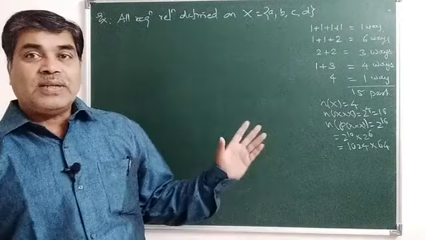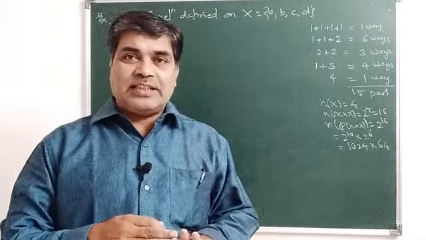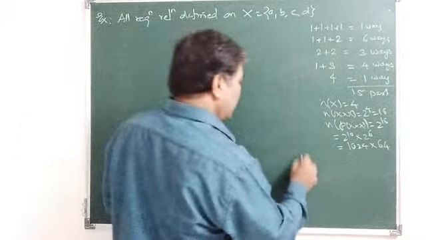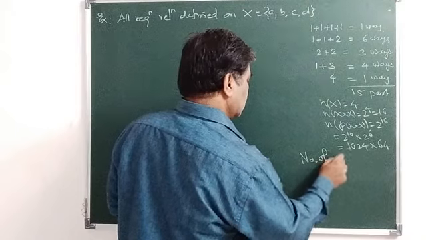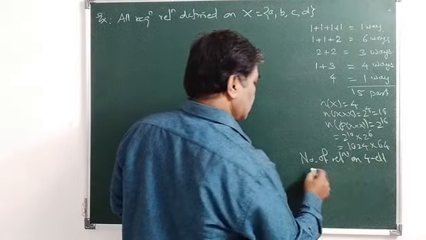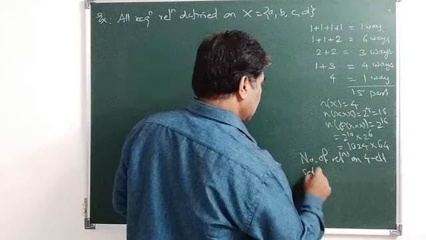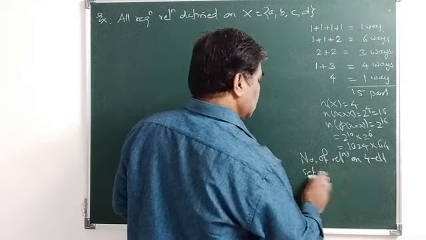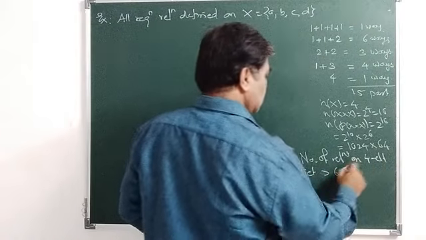So number of relations on a 4 element set is greater than 64,000.